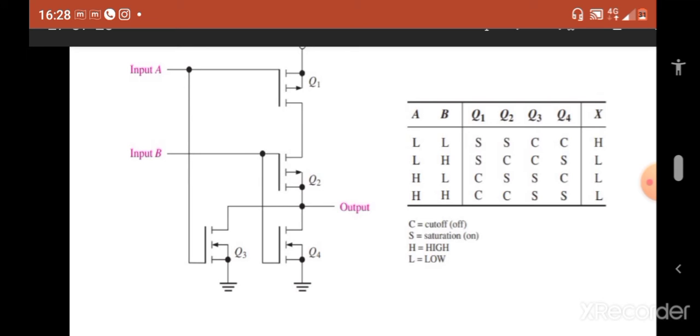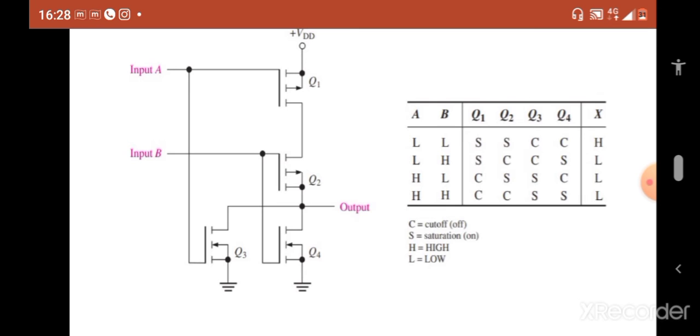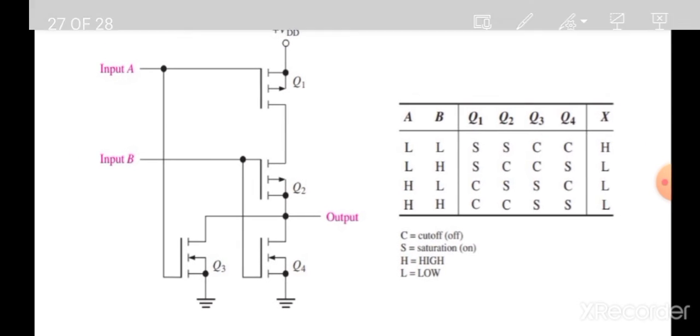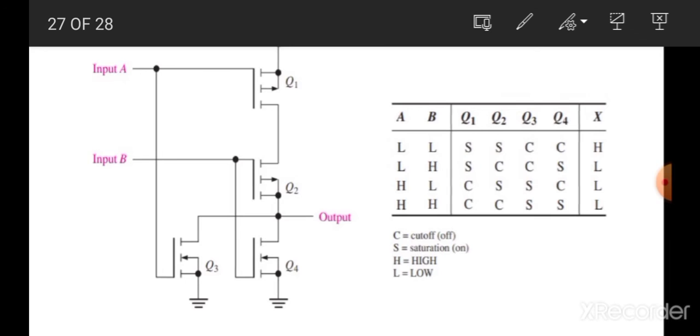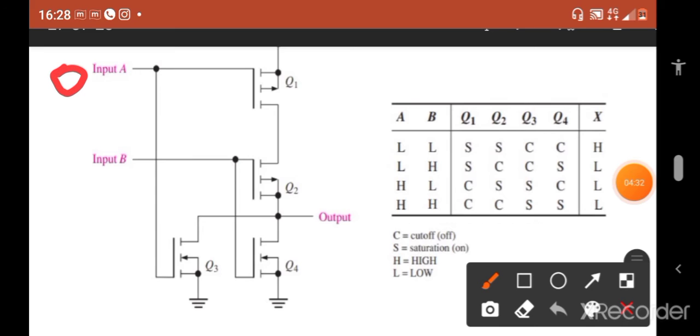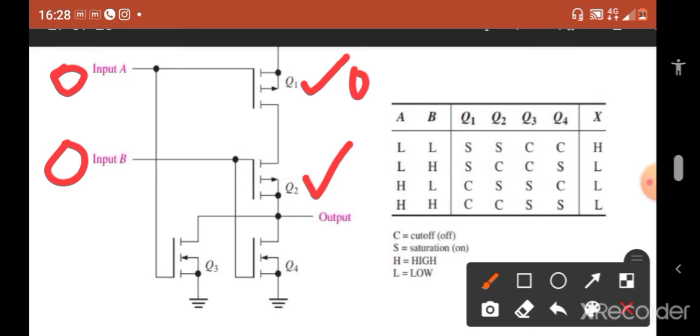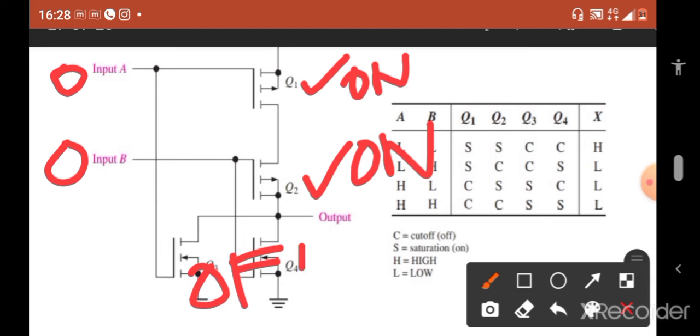Now we are implementing this NOR gate logic by using CMOS technology. What if we are giving 0 here and 0 here? Then Q1 and Q2 will get on, and Q4 and Q3 will get off.